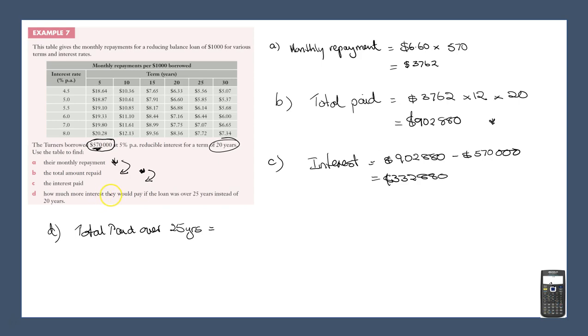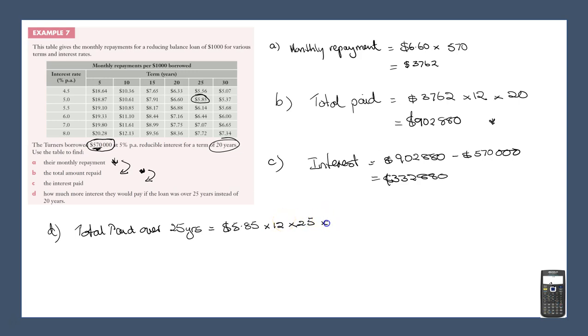Part D asks for how much more interest would they pay if the loan was over 25 years. So now we're moving over to 25 years at 5%. So we're interested in this number. The monthly repayment would be 585. We need to multiply that now by 12, and it's going over 25 years.